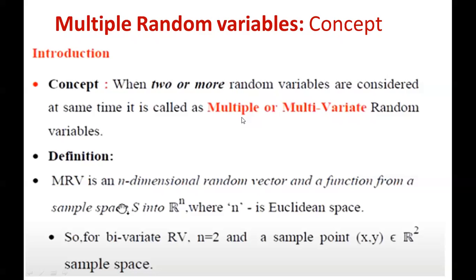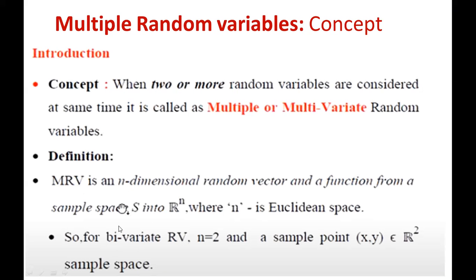In short, it is abbreviated as MRV. M stands for multiple, R stands for random, V stands for variable. A multiple random variable is an n-dimensional random vector, a function from sample space S into real vector space R power n, where R^n is a Euclidean space. So this is the multiple random variable definition.